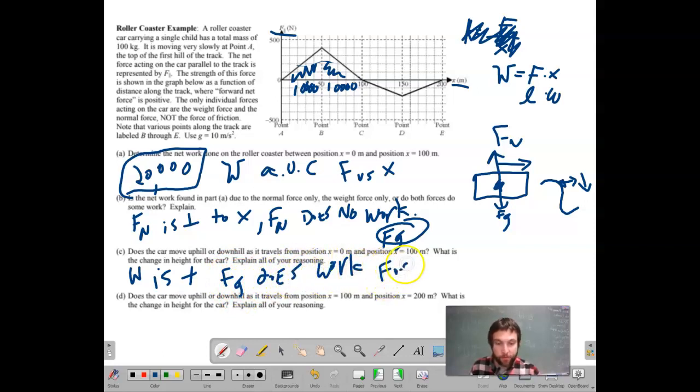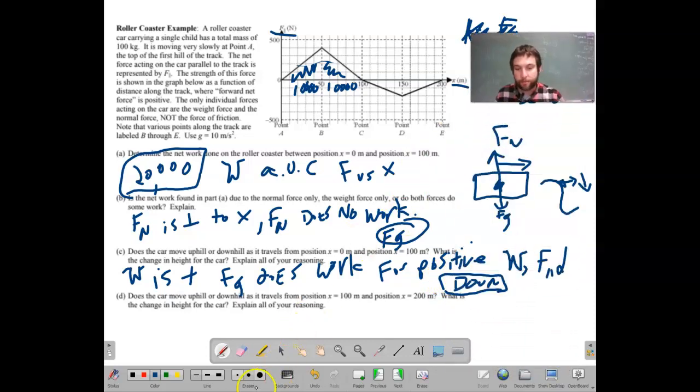For positive work, you have to have your force and your displacement in the same direction. So it has to be going downhill. It can't be going uphill, because then the force of gravity is acting downward while your displacement is upward.